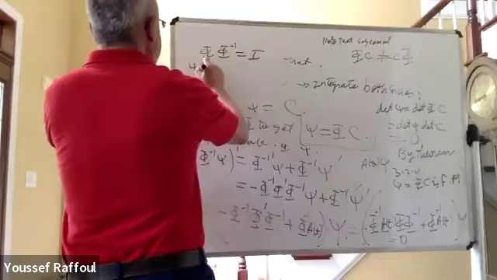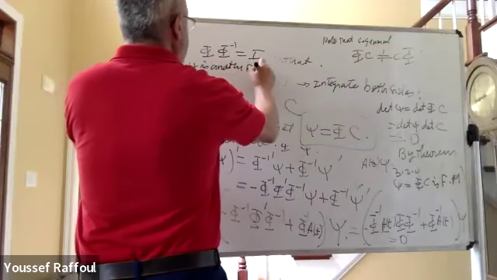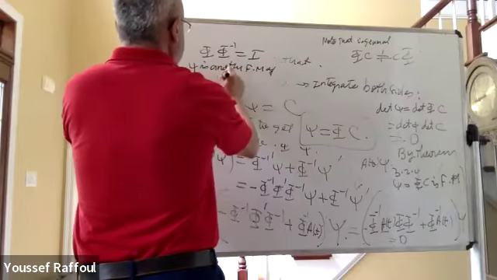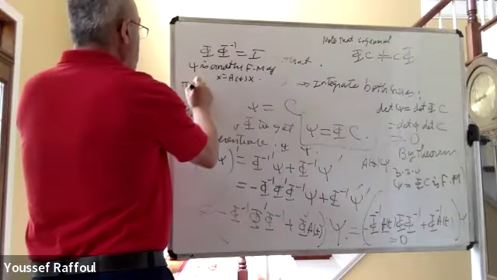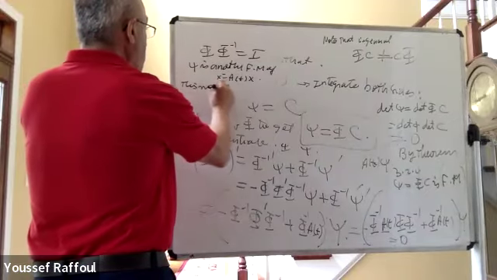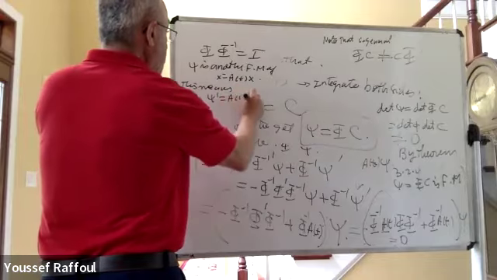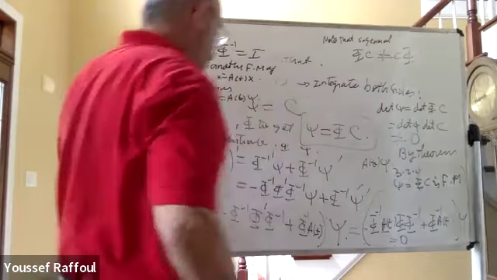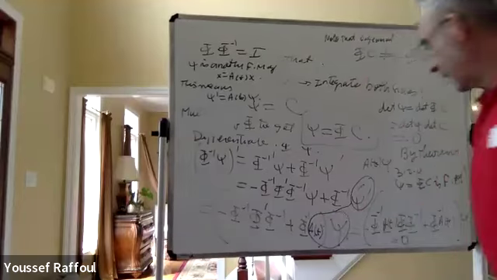Remember what we said? We said C is another fundamental matrix of x' equals A^T x. This means C' equals A^T C. So this C', I replaced it by A^T C. You see what I mean?